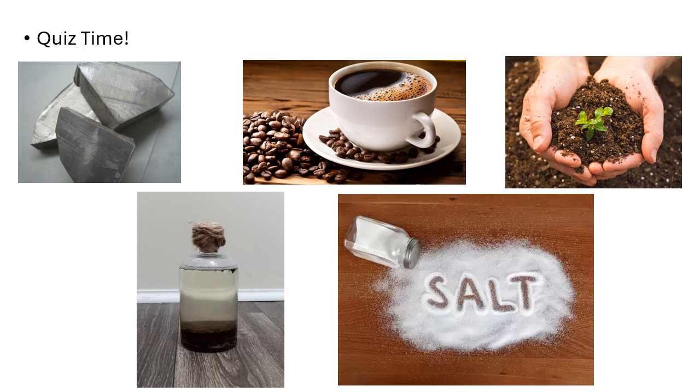So this image of sodium metal is a type of element. As you can see the picture of a coffee, what do you think this is? This picture of a coffee is actually a solution because it has some coffee extract dissolved in hot water, which gives you coffee.